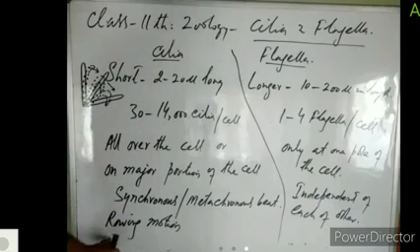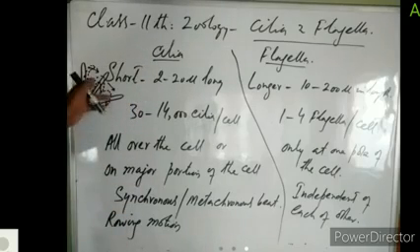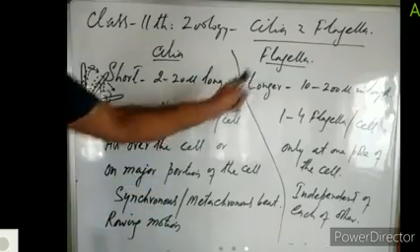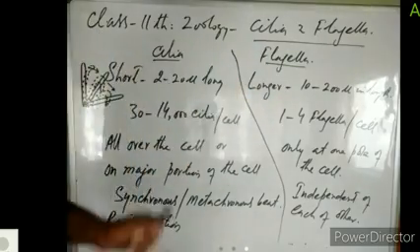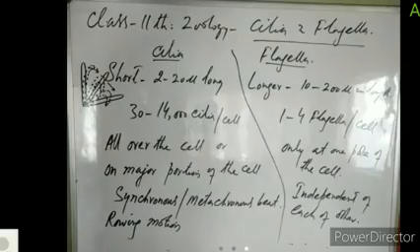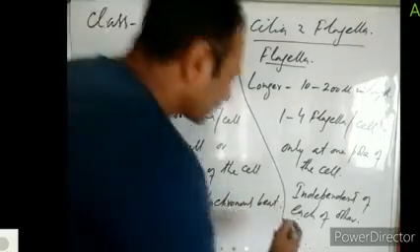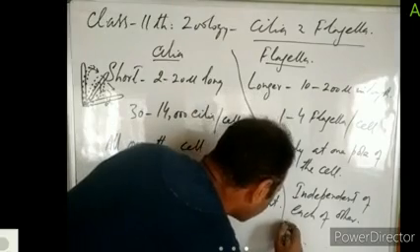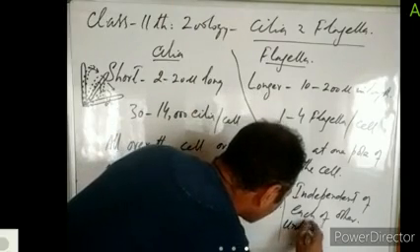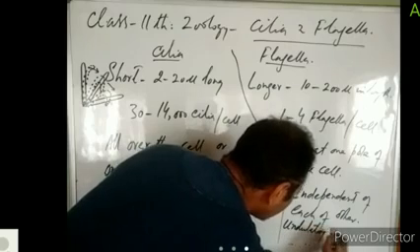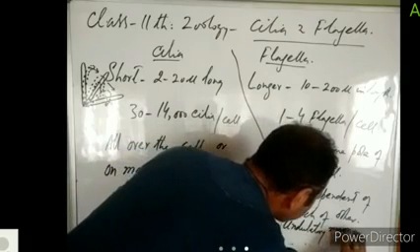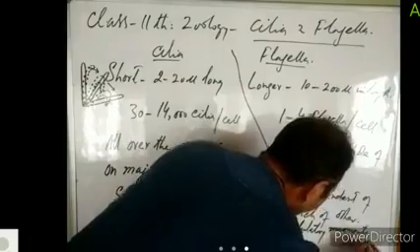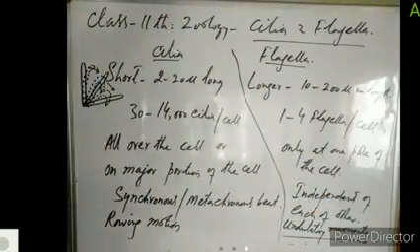So these cilia show rowing motion. They show a power stroke and a recovery stroke. Flagella do not show these rowing motions. Flagella are independent of each other. They show undulatory movement.